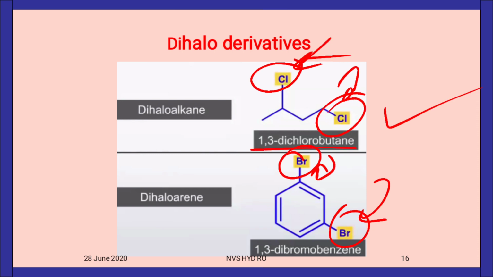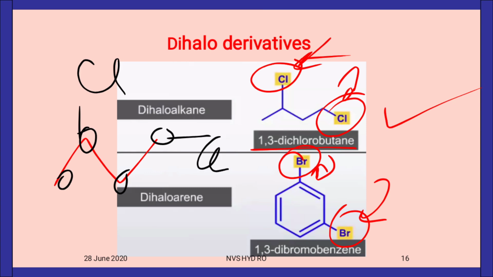dichlorobutane. How butane? If you see the structure, it is somewhat like this: 1 carbon, 2 carbon, 3 carbon, 4 carbon. I think this should not be there. I have actually drawn pentane. Okay, this is what its structure looks like. If you count, these points are considered to be carbon. So here is a substitution and another substitution is here, chlorine.